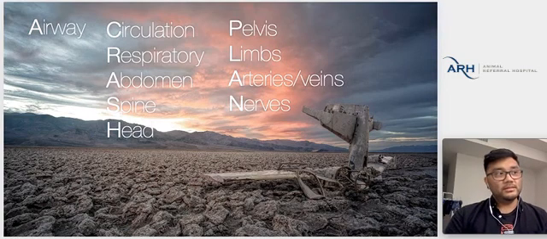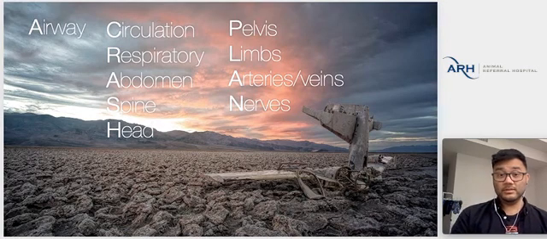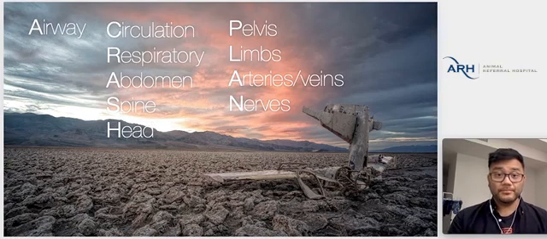Then going down the list, it's important to assess the pelvis for fractures, luxations, and function of the urinary system and for fecal incontinence. Looking at the limbs for fractures and any big wounds. Arteries and veins for hemorrhage under the skin, and then any peripheral nerve function as well.